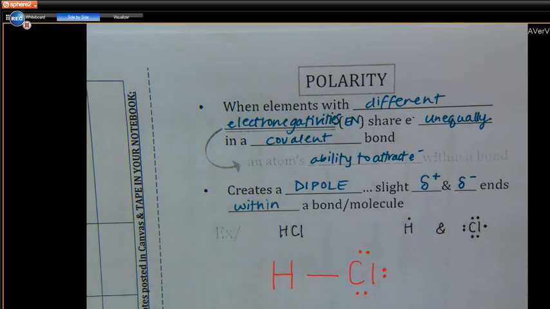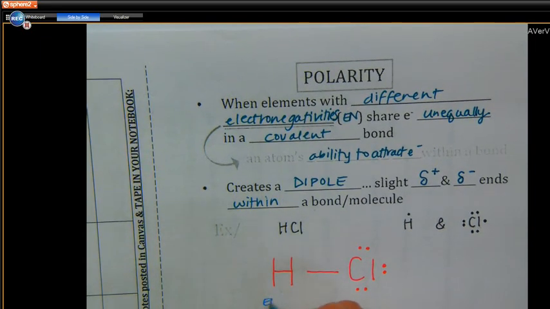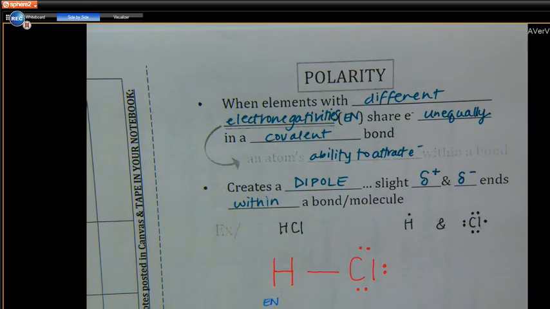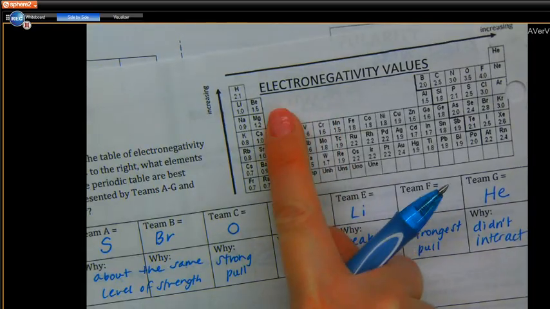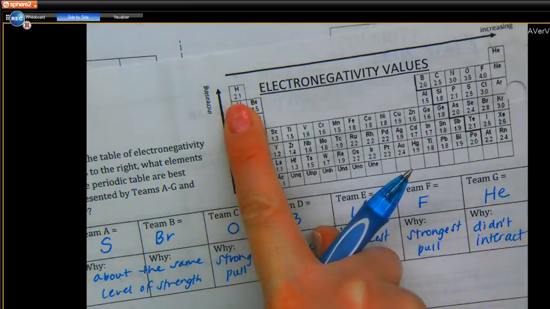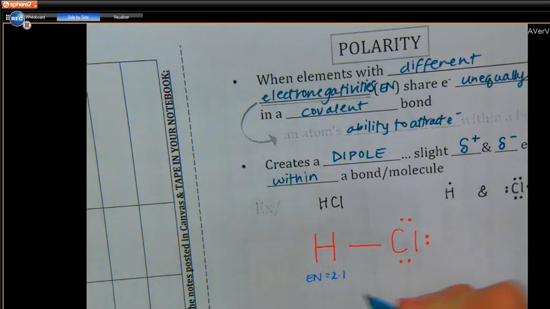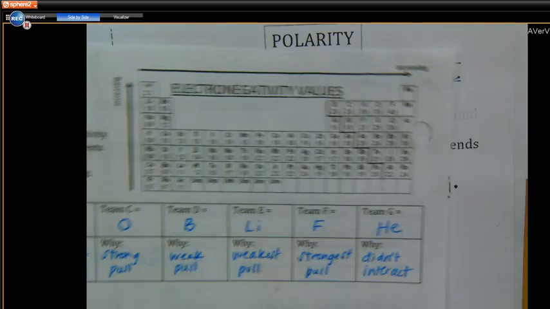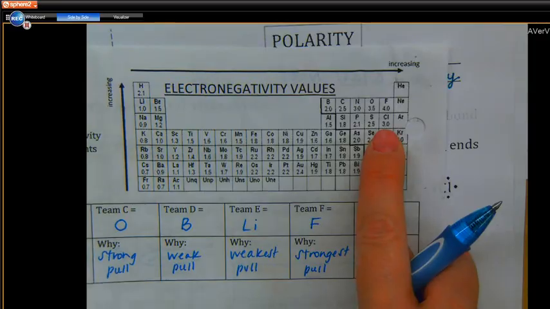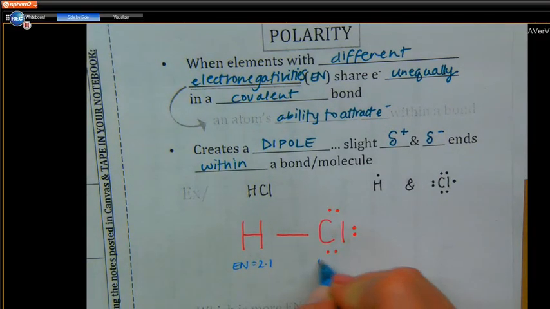hydrogen is less electronegative than chlorine. Chlorine is more electronegative. Because chlorine is more electronegative, in that tug of war, the electrons are being pulled closer to the chlorine. And so because of that, the chlorine gets a slight negative charge, okay?